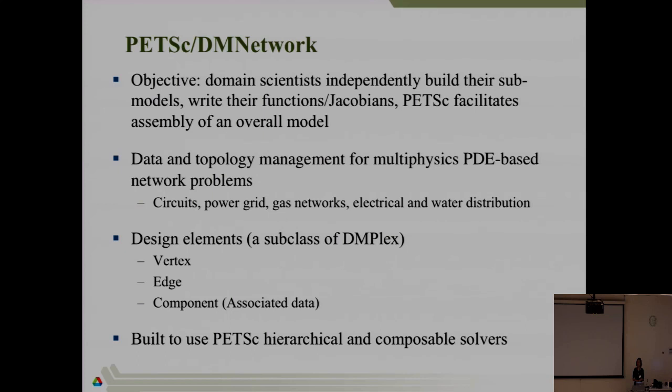And then the third one is kind of new to this network. It's called a component, because we want to do multiphysics. And the physics are encapsulated by the component. So a component is like the physics, the PDEs, the number of variables, all those in the component, and then we put those components into the vertices and edges, and then build a whole network.